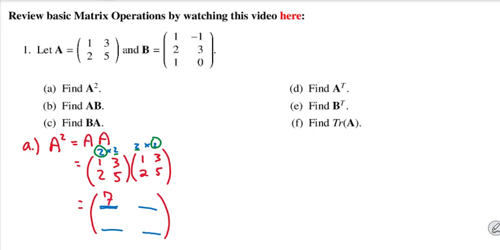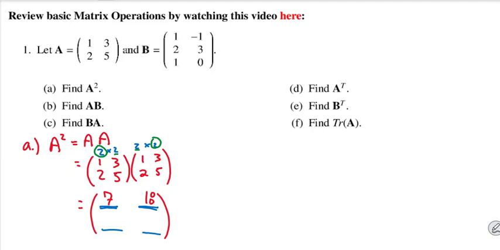If I do the same thing for the, careful, the 1, 2 entry, I'm going to take the first row of the first matrix and multiply it to the second column of the second matrix. And so that gives me 1 times 3, which is 3, and 3 times 5, which is 15, and that gives me 18 for that entry there.